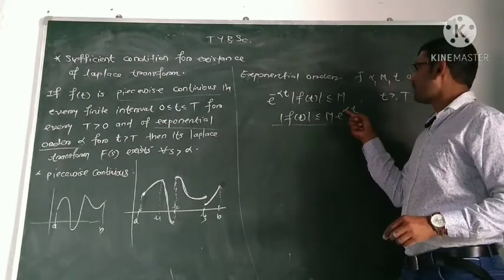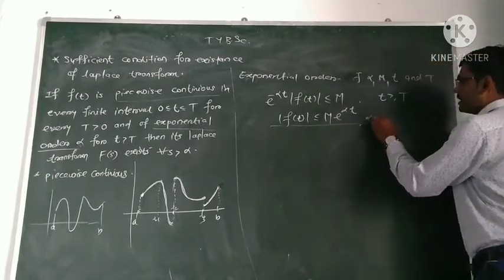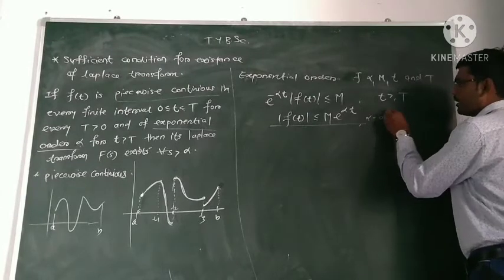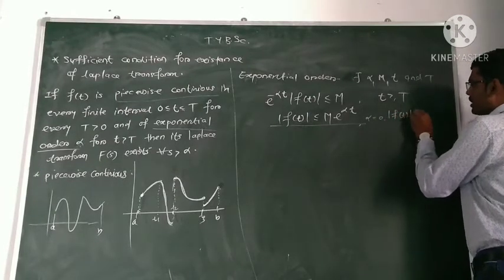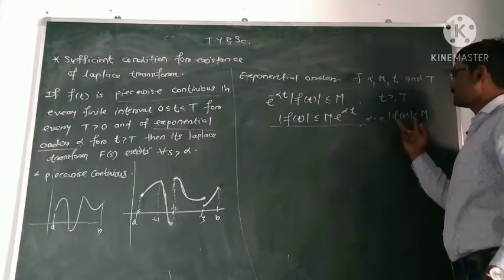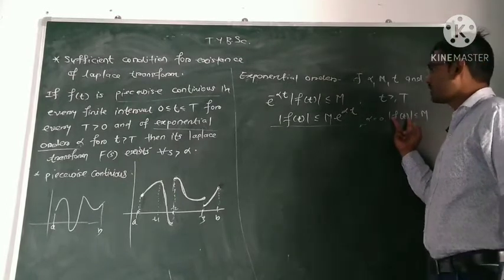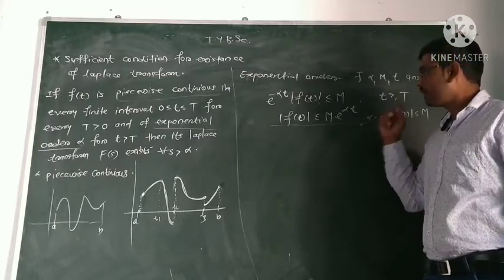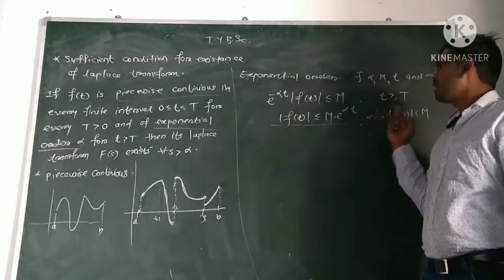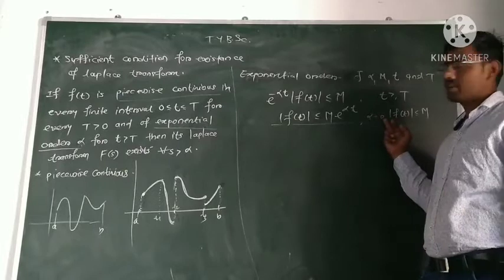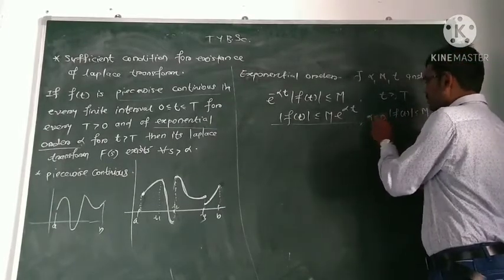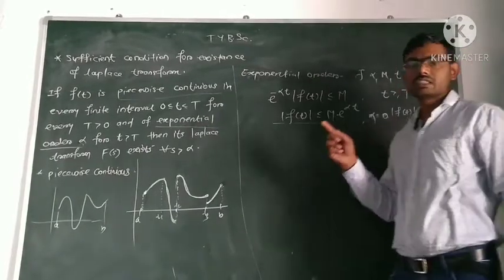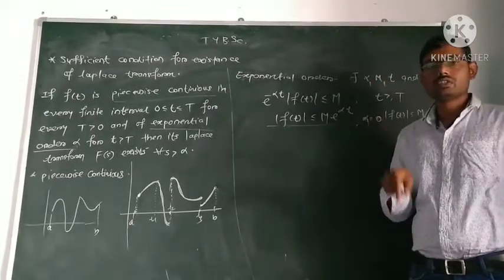And if we put alpha equal to 0, we get mod of the function is less than or equal to some constant. This is the condition of a bounded function. So any bounded function is always of exponential order 0.